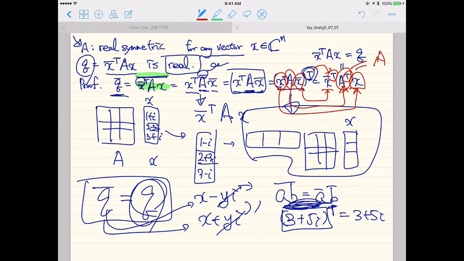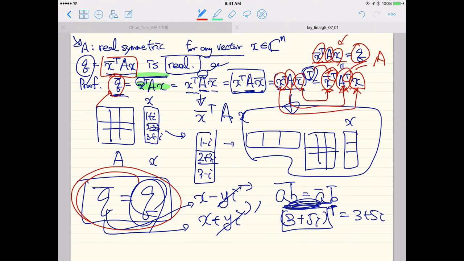And so it is now the same as X conjugate transpose and A and the original vector X. So it is the same as the original definition of Q. Okay, so what we did here, we started from Q bar or Q conjugate, and then arrived at the same Q. So we proved this guy, Q bar equals Q.